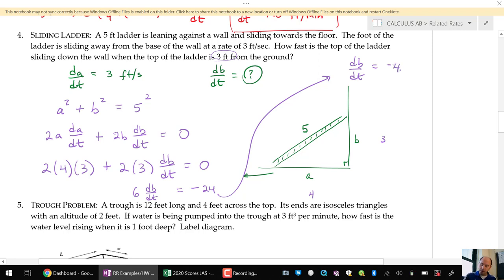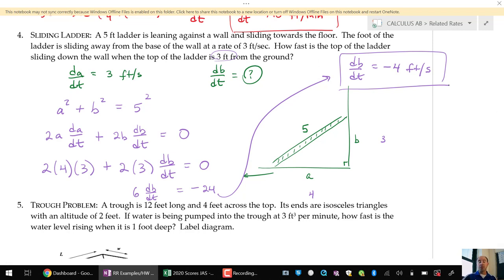Negative 4 feet per second. And it's negative, which means that segment B is decreasing, which should make sense intuitively, because as that ladder falls, the distance from the top of the ladder down to the wall would be decreasing. So the negative on that derivative helps me recognize that what I found here was a reasonable solution.